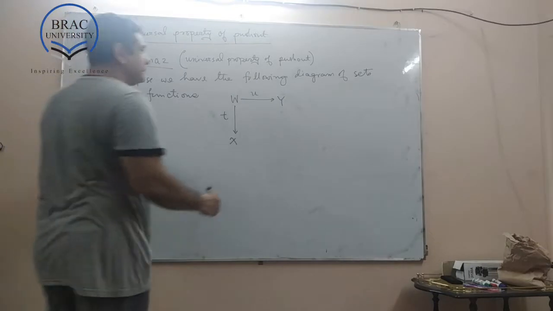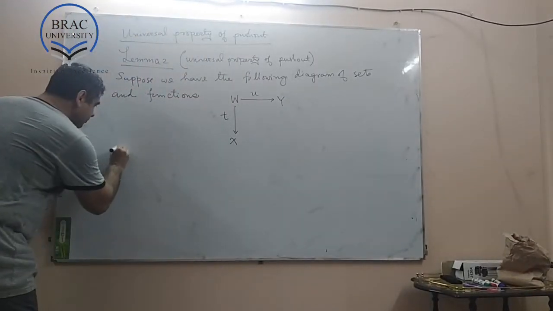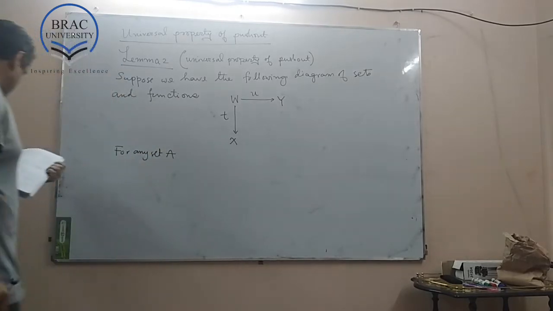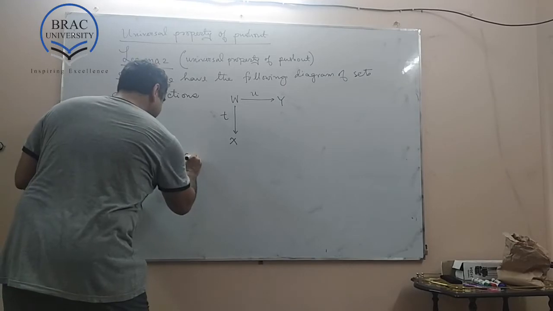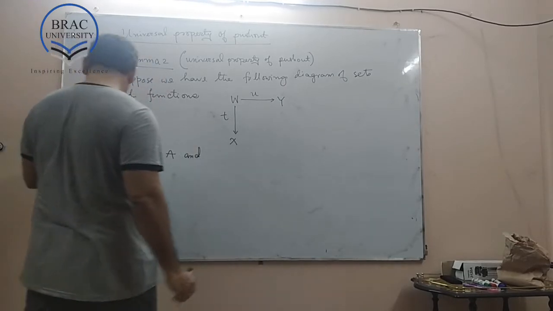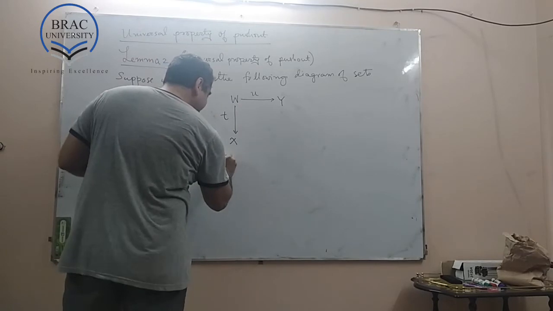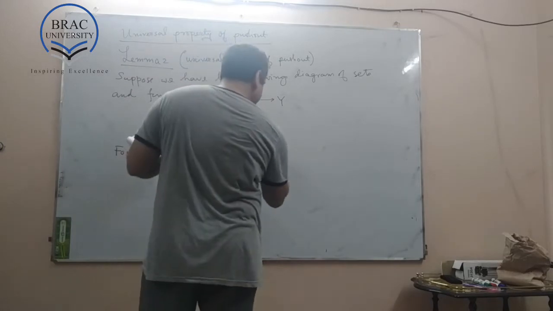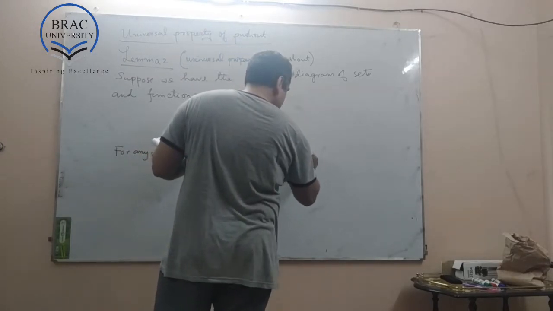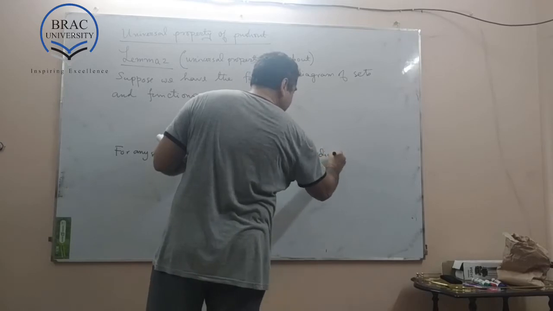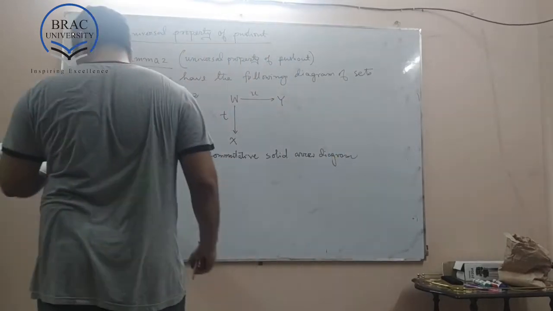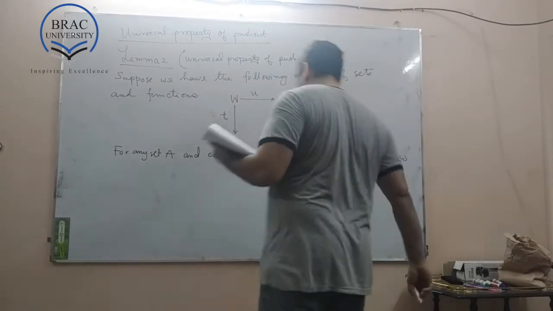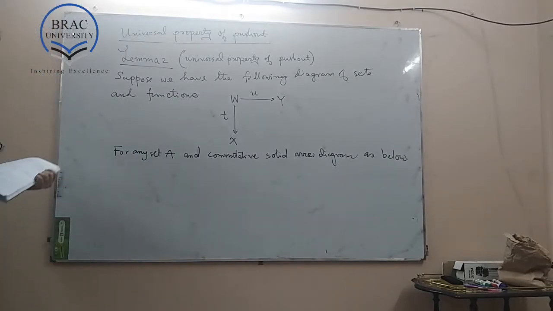Now for any set A, and a commutative solid arrow diagram as below, which I draw first here. Let me draw the commutative solid arrow diagram here.